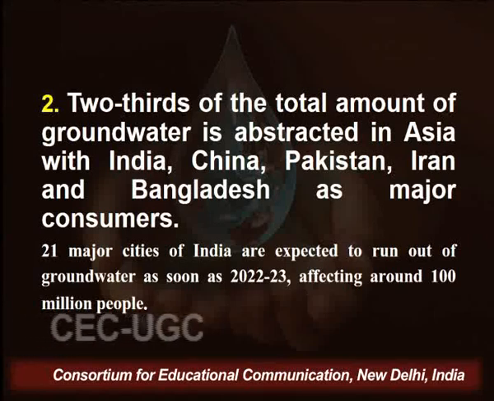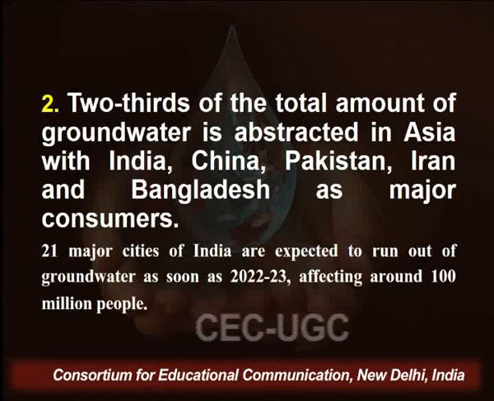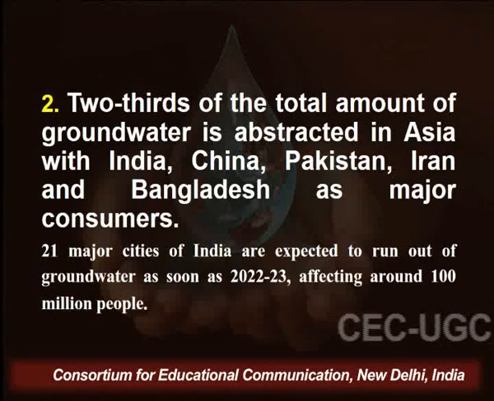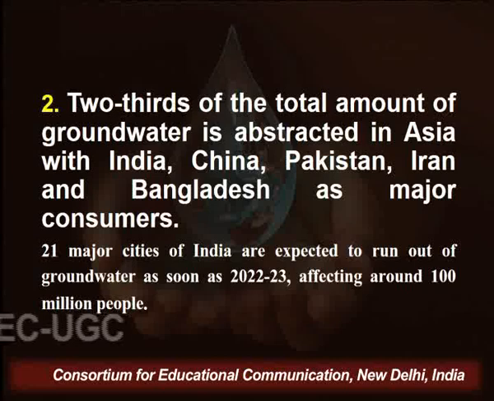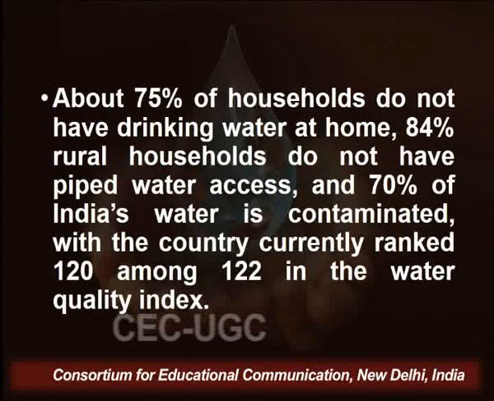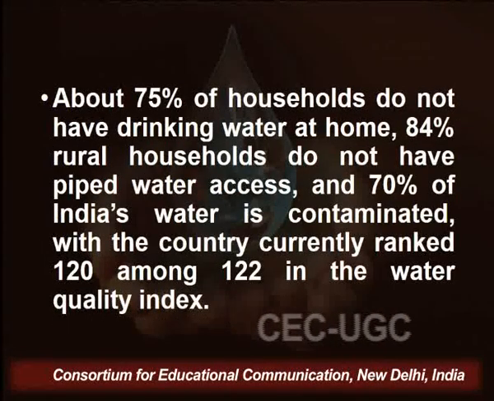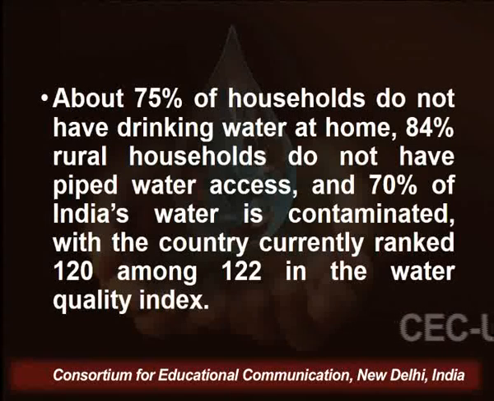That is this year and next year. Isn't it shocking? What will happen? It will affect about 100 million people. Imagine life without water. About 75% of households do not have drinking water at home.